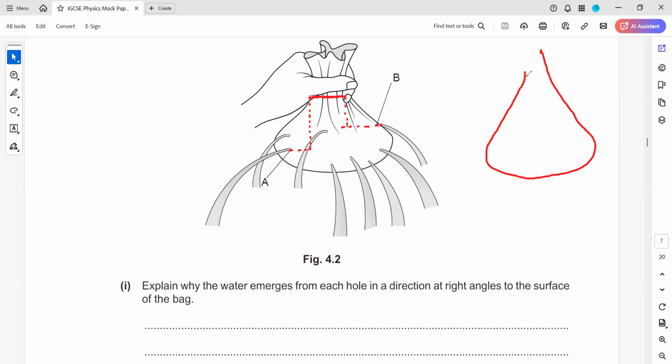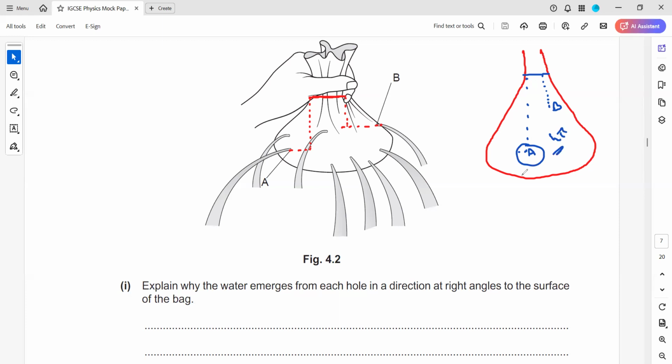this is a bag. It's not about the area, it's about the depth. This is the water level. Point A is here. Point B is here. If you compare the depth, point A is much deeper in the liquid as compared to point B. So point A has a greater depth.